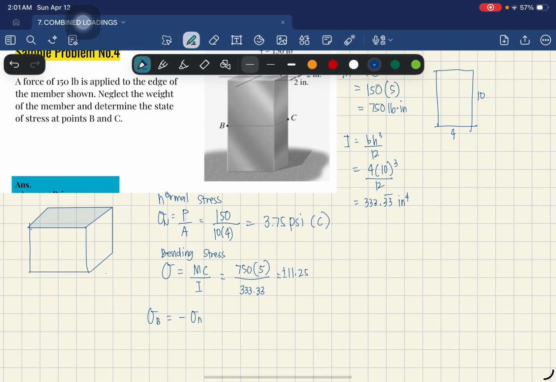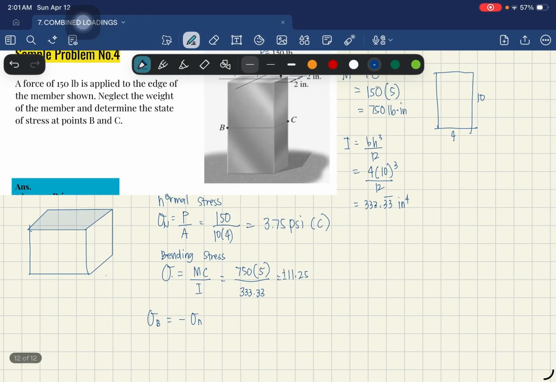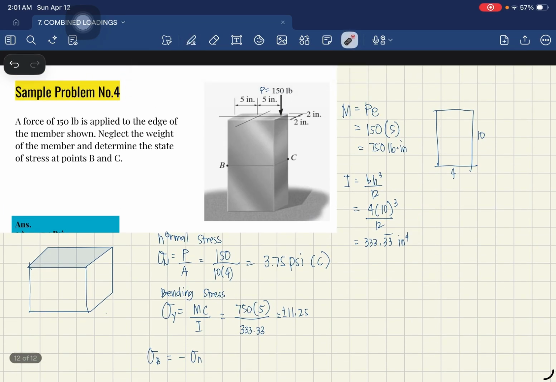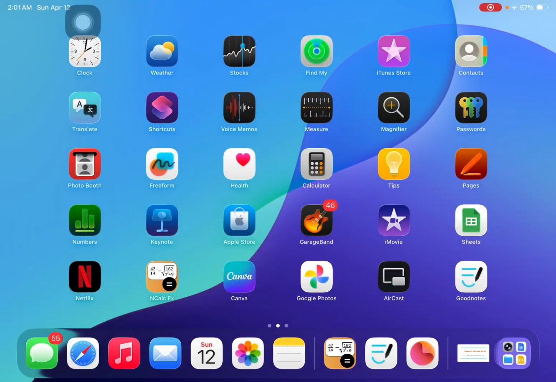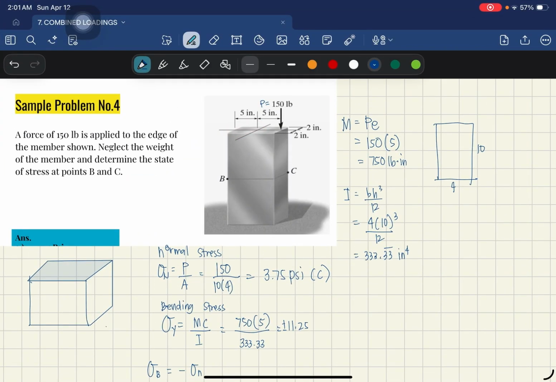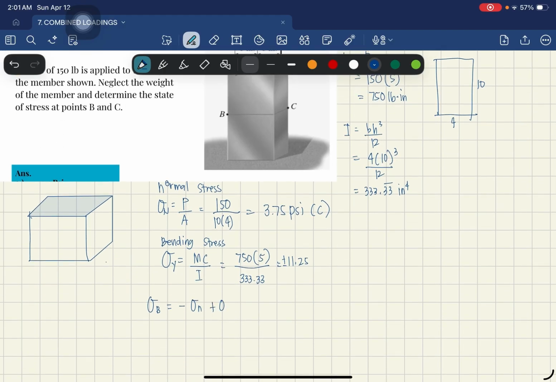So normal, then lagyan na lang natin ng bending stress. So, dito sa point B natin, ito yung neutral axis. Nasa baba po siya ng neutral axis. So, ibig sabihin, ang nararanasan dito is the tension. So, positive.